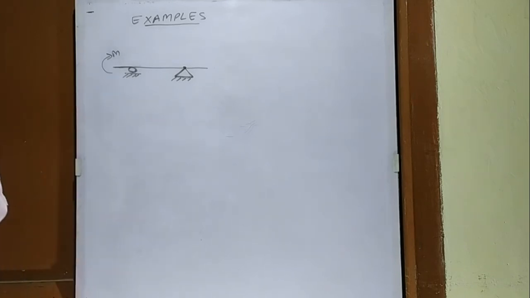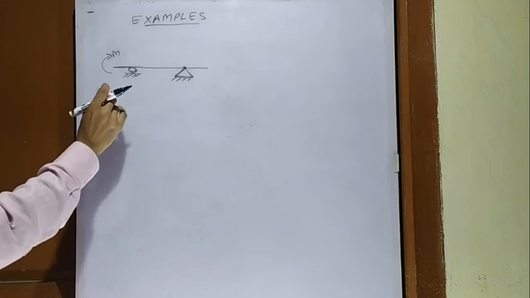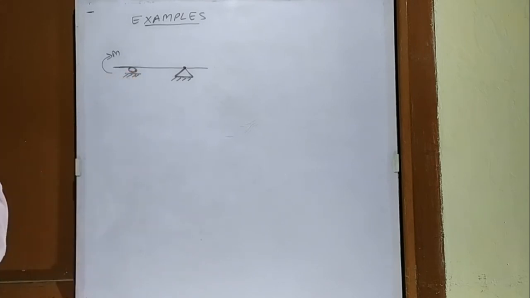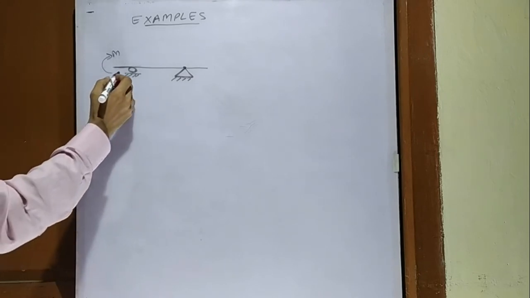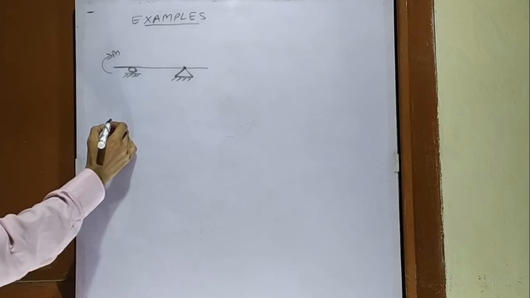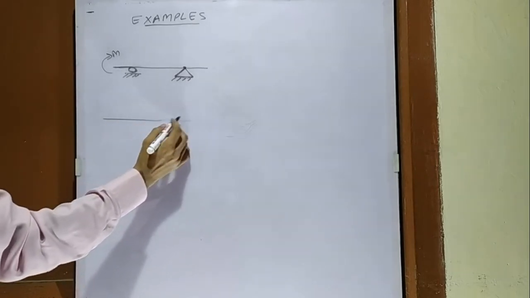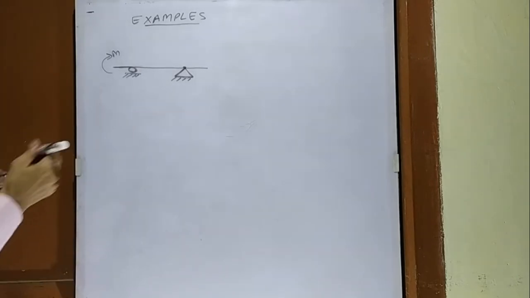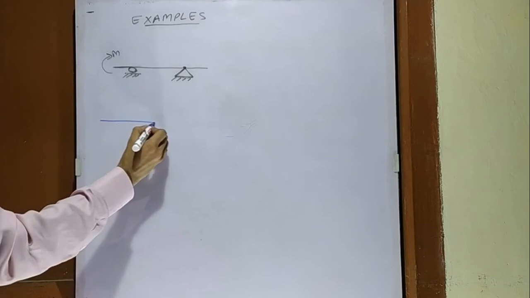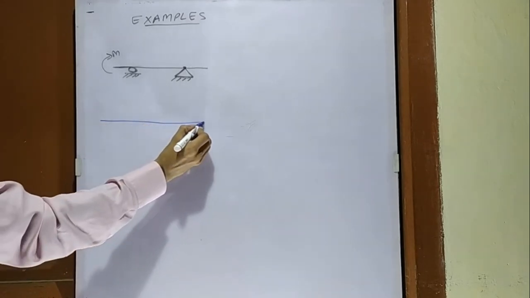So what will be the deflected shape of this beam? It is a very important question, and we will try to draw it. Let us draw an exaggerated view of this beam so that we can easily see the important things related to this type of beam.